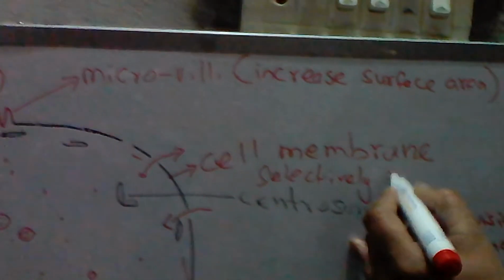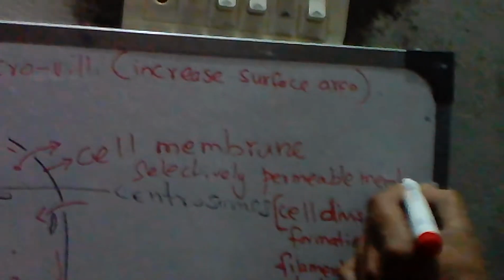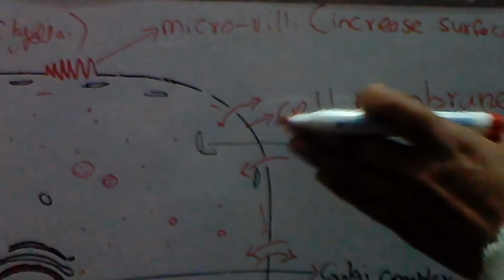So that's why cell membrane is also called selectively permeable membrane, because it allows only selective particles to go inside and also to go out.